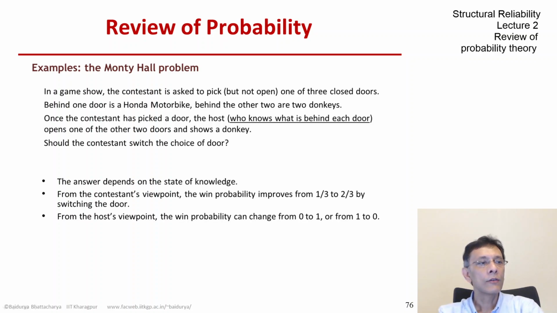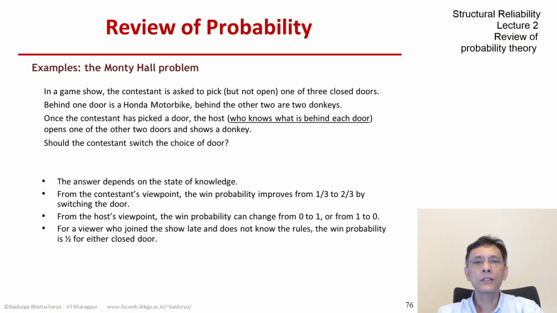But from the host's viewpoint, the host knows everything. So the host's probability can only change from 0 to 1 or 1 to 0, because the host is operating from his or her vantage point of knowledge.